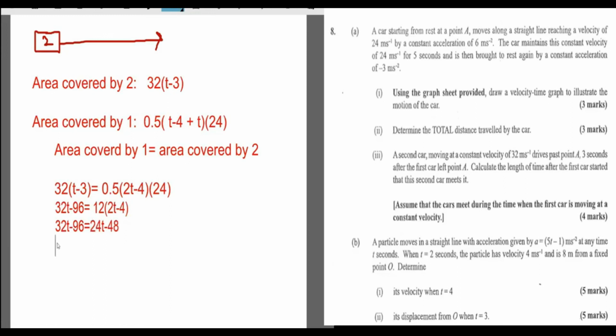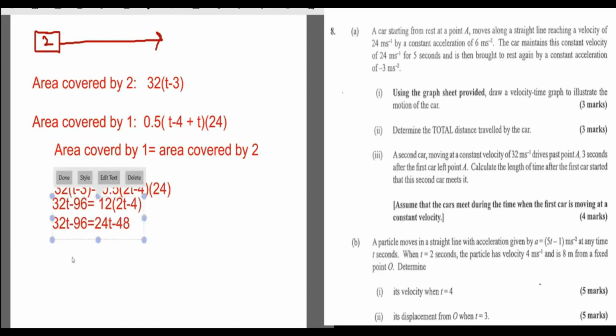My apologies there. Then bring over the 24T to the left, and bring over the 96, and we get 48. And so T is equal to 6.